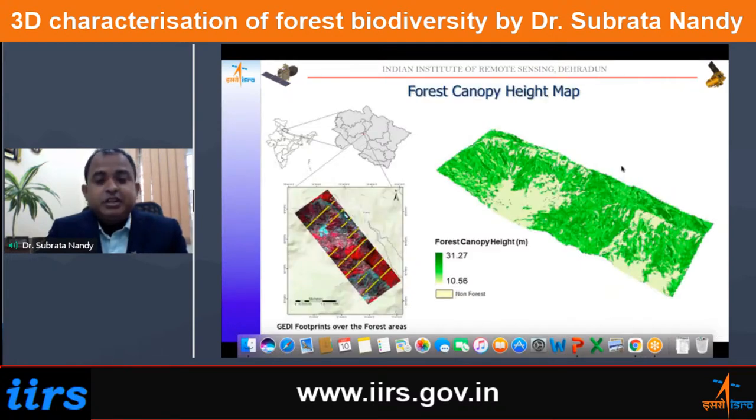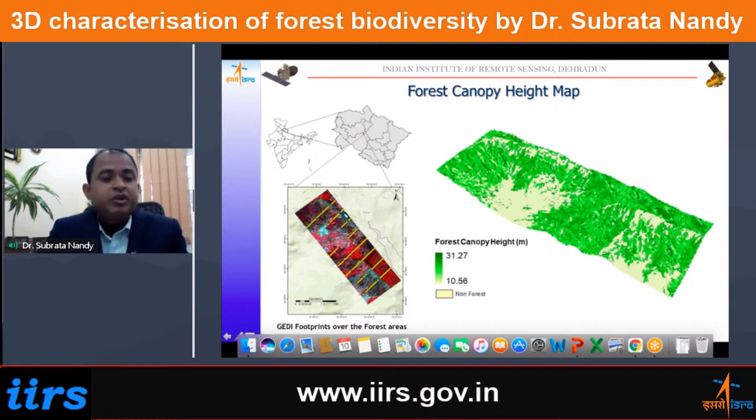Recently, we have done one study with GEDI data also in a forest area of Pauri district of Uttarakhand. Here these are the satellite passes over the forest area. We have marked the non-forest area here. So here you can see these points. All these points have height information. Now, a complete wall-to-wall height map is not there. What we have is height only at these footprints.